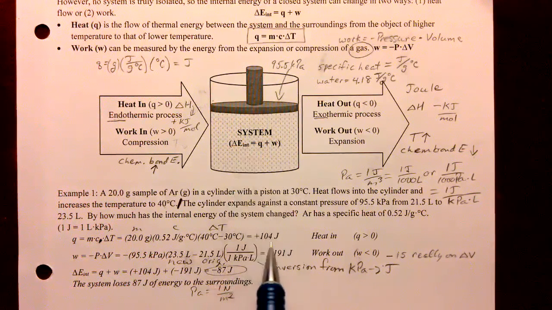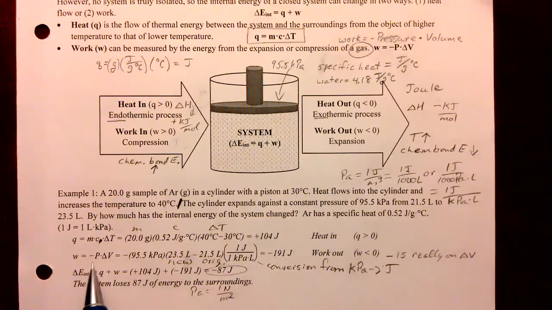So we know we got to get a positive joule number here. So let's subtract this such that we get a positive number, because when we multiply this, we got to get a positive answer. So it's the 20 grams that they told us. Here's the specific heat that they told us. And here's the change in temperature, and we got to have a positive number. And when we multiply them, we get a positive 104 joules.